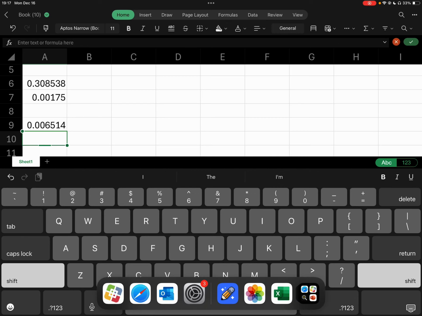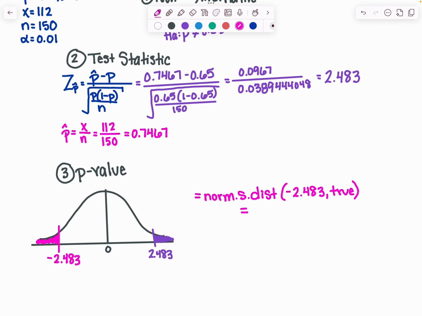So I'm going to write that back into my notes. 0.006514, so that's this area. And then because of symmetry, the normal distribution is symmetric, this area is the same.